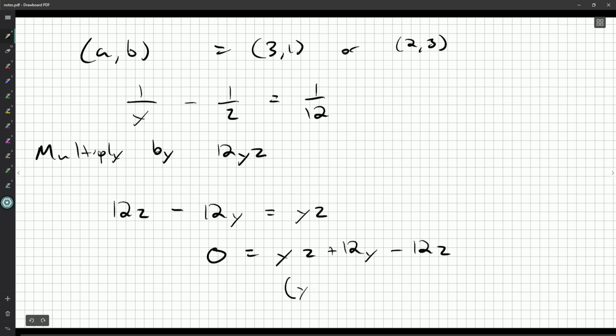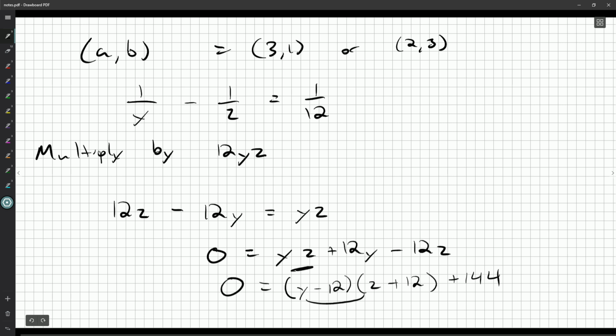So this is almost y minus 12 times z plus 12, except we don't have the 144. The y and the z will work together to make this.